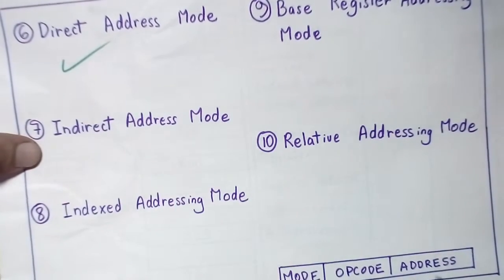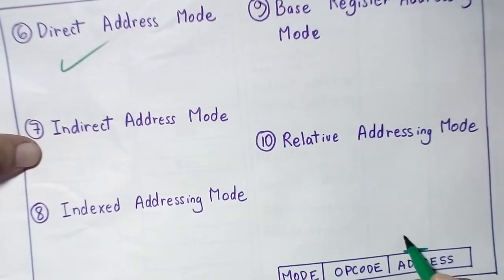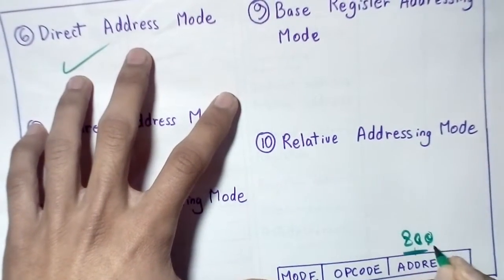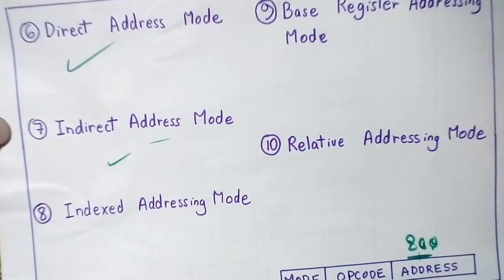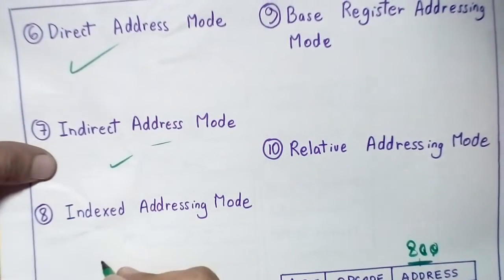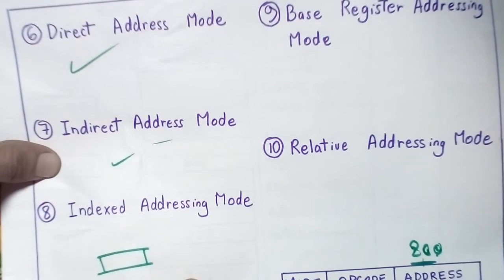In indirect address mode, whatever address is there, suppose it is 800, in that address we will find the address of the operand. That's why it's called indirect. In indexed addressing mode, there is an index register, suppose Rx.